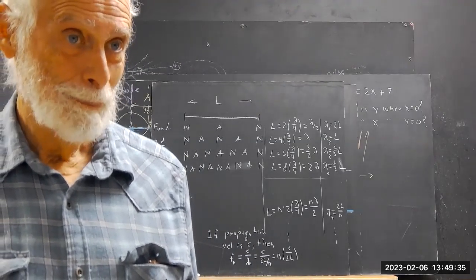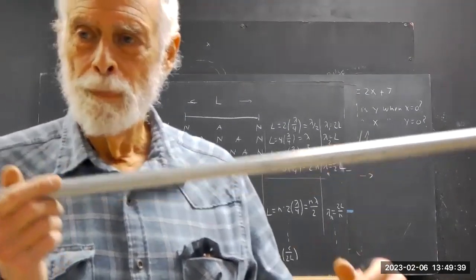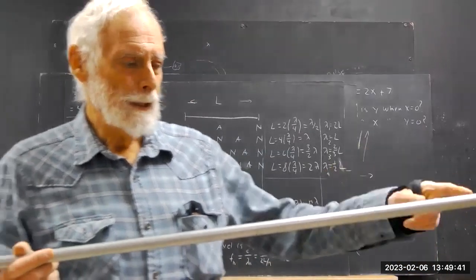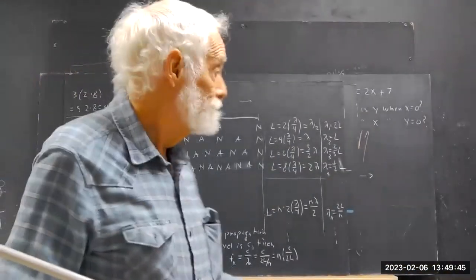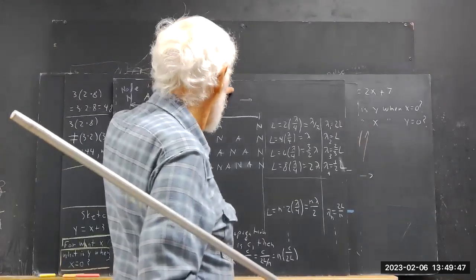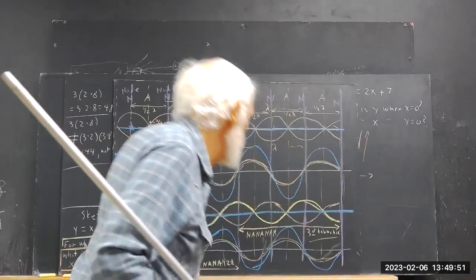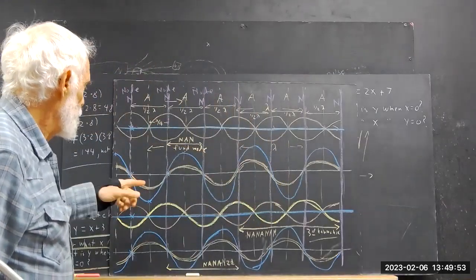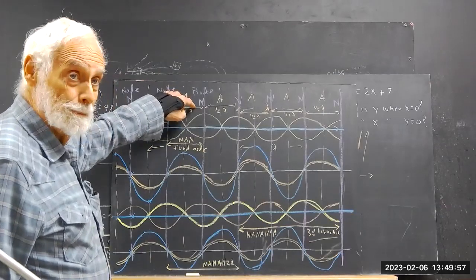Okay. Better, we go to where we figure, okay, antinode, node, antinode, node, antinode. Now our harmonics go from antinode to antinode.